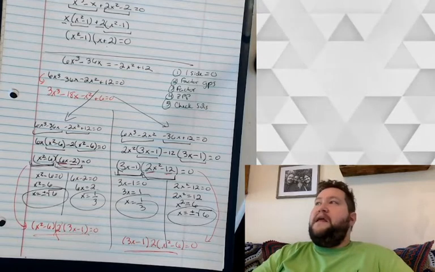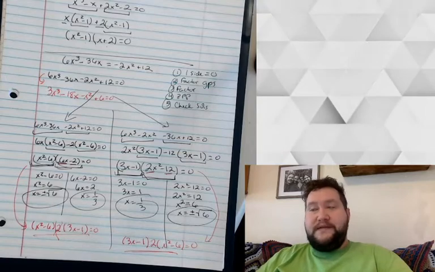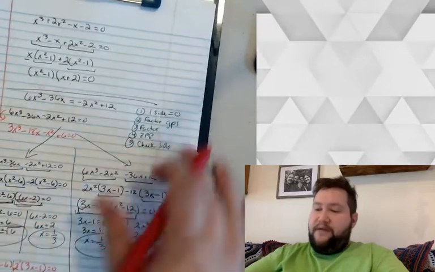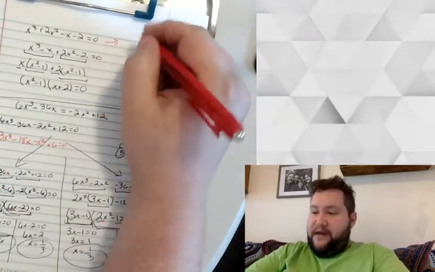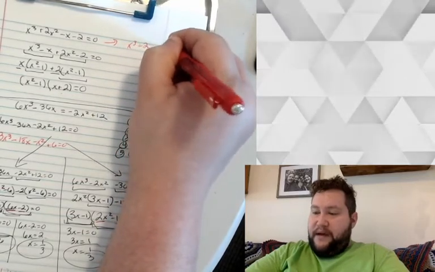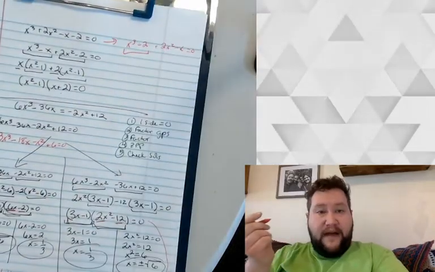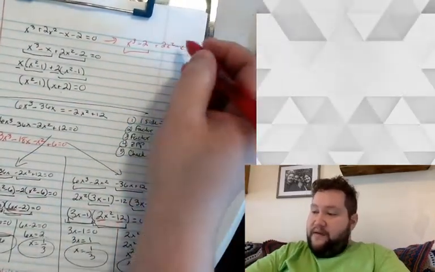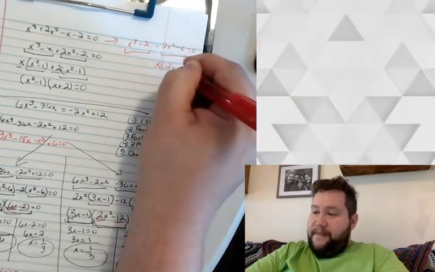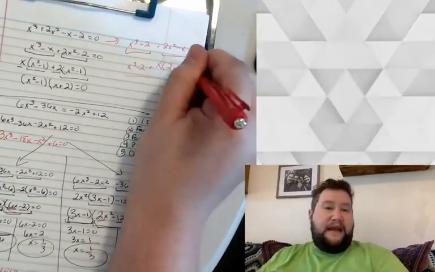I think it's important to realize that you have choices in when you group. Some choices will make more sense than others, right? If I look at either one of these, say this one here, if I tried to do x cubed minus 2 plus 2x squared minus x equals 0, well, x cubed minus 2 doesn't have any factors in common, and while this 2x squared minus x has an x common to both, 2x minus 1, x cubed minus 2, that doesn't make it any easier.